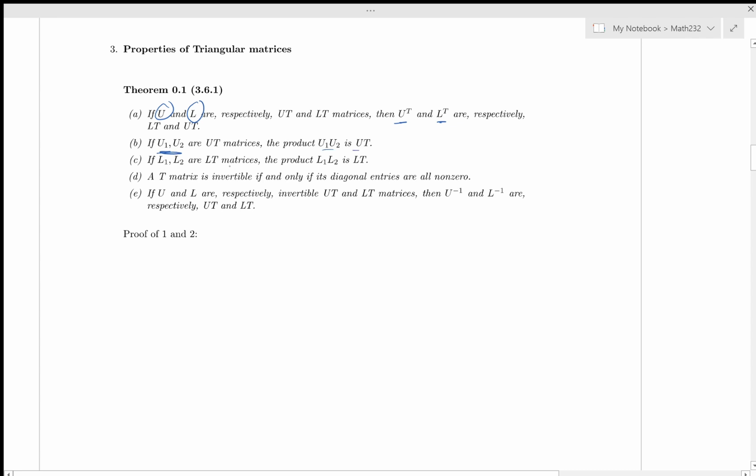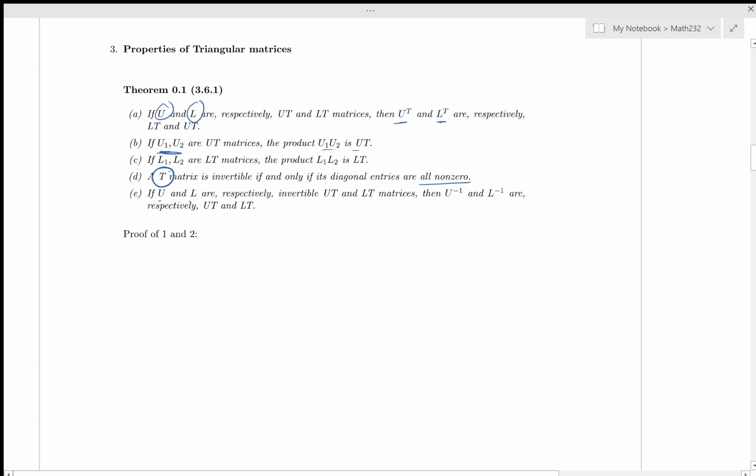If we've got two matrices that are lower triangular, the product of them is lower triangular. A triangular matrix is invertible if and only if all of its diagonal entries are non-zero.